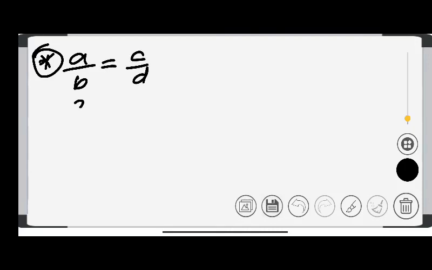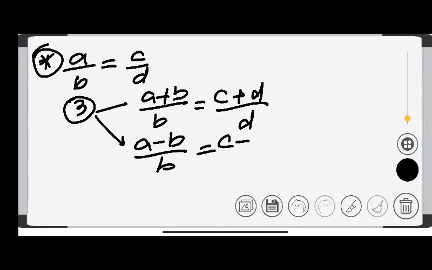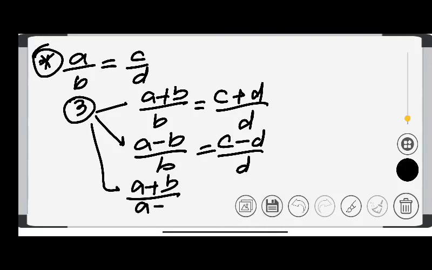So you found 3 results. I could write a plus b upon b is equal to c plus d upon d, or a minus b upon b is equal to c minus d upon d, and a plus b upon a minus b is equal to c plus d upon c minus d.